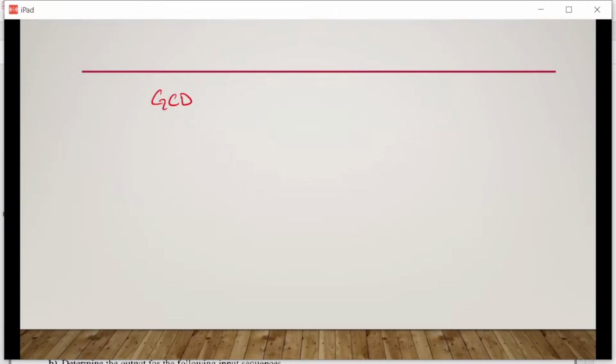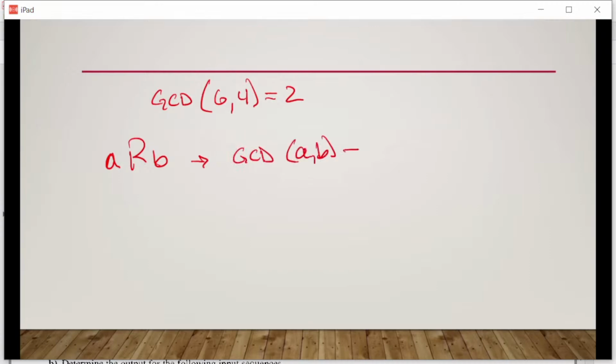Anyway, so GCD of, say, 6 and 4 is 2. But if you want to have a relation, you could say that A is related to B means that the GCD of A and B is not 1. So that would be a relation.